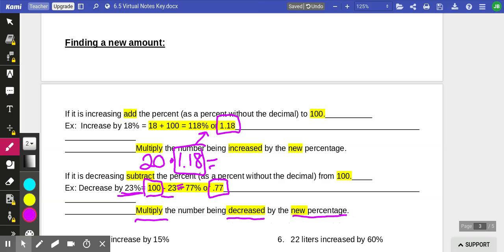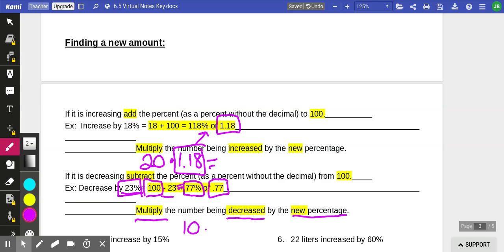Don't forget, if you're multiplying it by 77%, you actually have to use that percent. You can't just multiply it by 77. That's a whole. A percent is not a whole. It is a portion of 100. So in this example, let's say I had 10 students last year fail my test, and I want to decrease it by 23%.